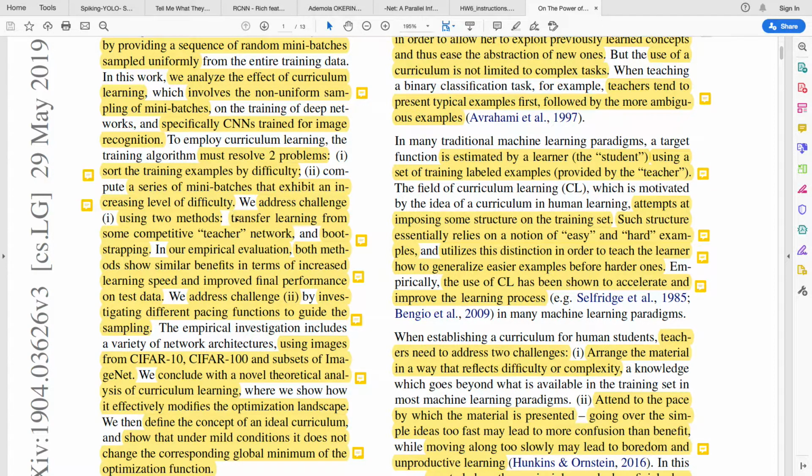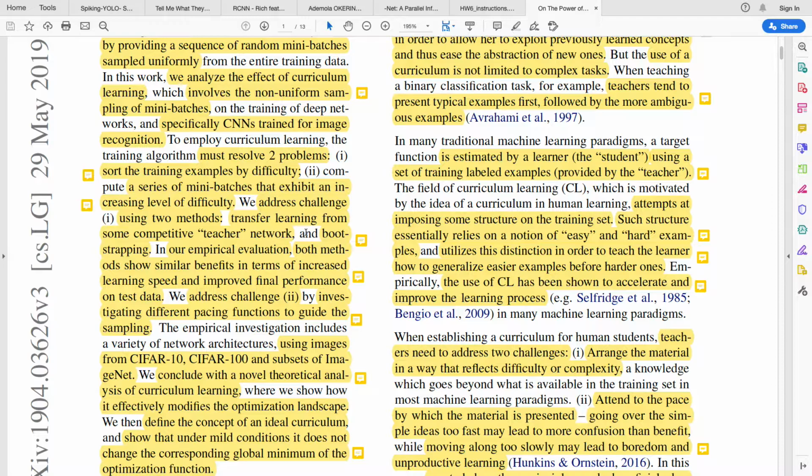So what they were doing in the transfer learning, as we will see later on, is they have a network that has been trained on other tasks, and they now use that network to do a classification. They run each of the training examples on that network, and they see the confidence level of that network.